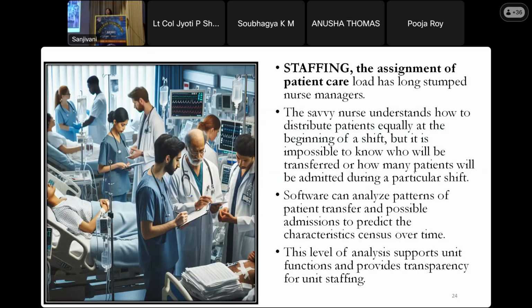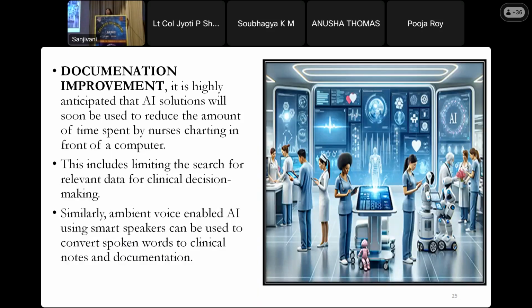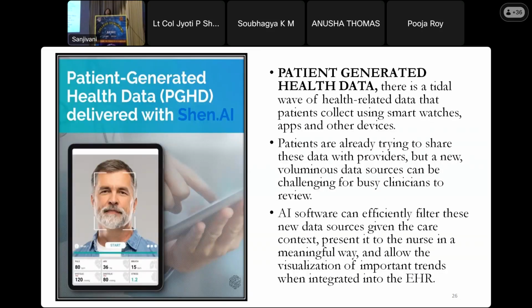And document improvement: you just dictate to the AI system, and it records everything in clinician language or medical language and gives you the entire notes for writing the document. Apart from this, we have patient generated health data.